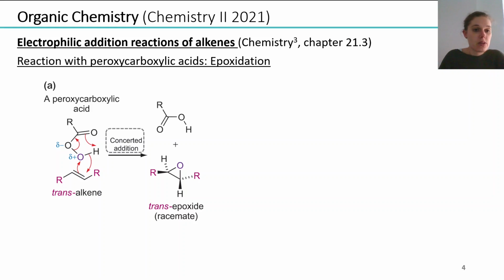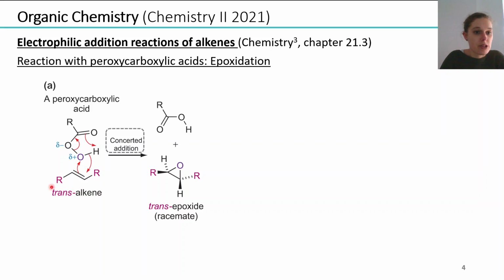What is now also important, if you have a look at this concerted addition reaction, you can directly see that as all steps proceed at the same time, there is no chance for the carbon-carbon bond to rotate. That means the epoxide retains the configuration of the alkene, which was our starting material.